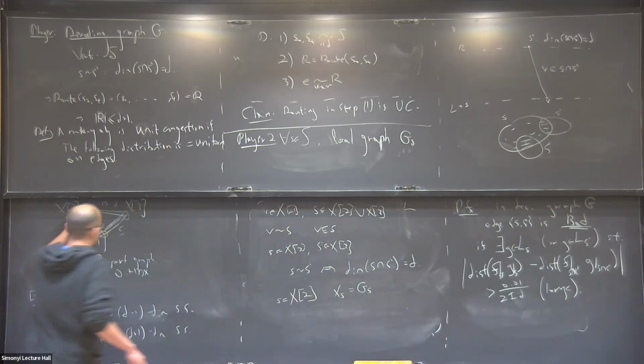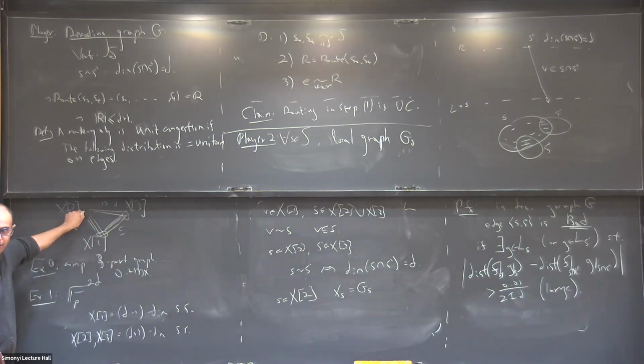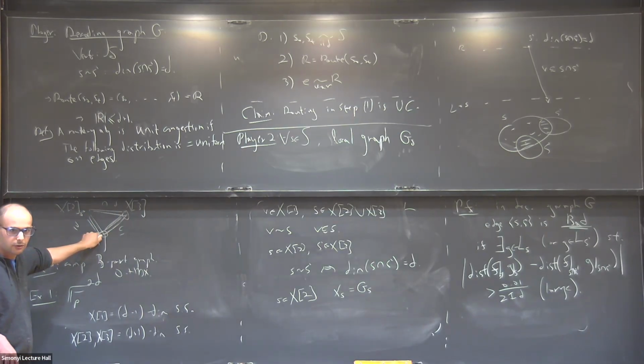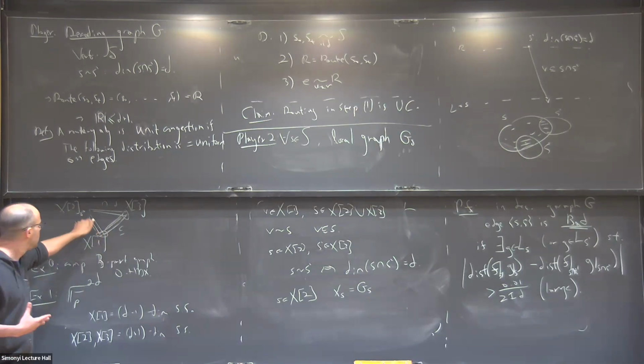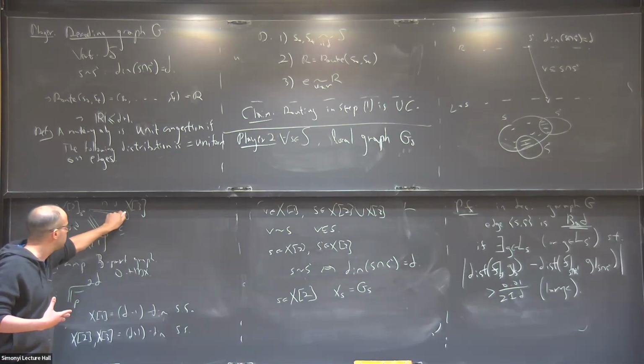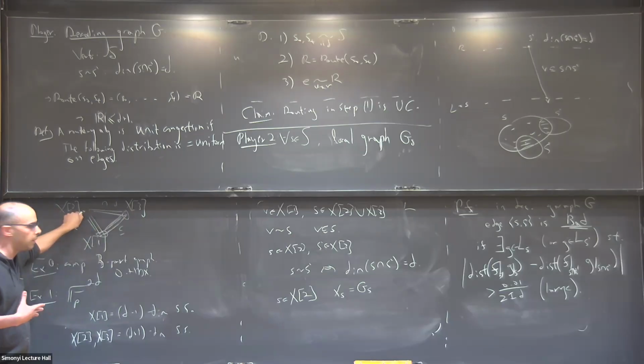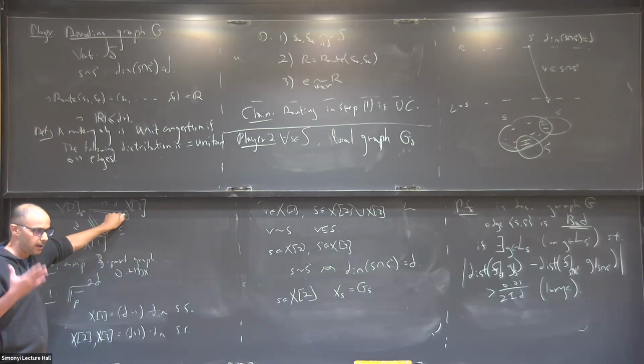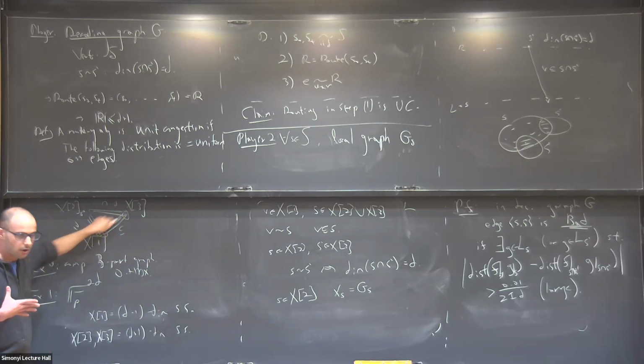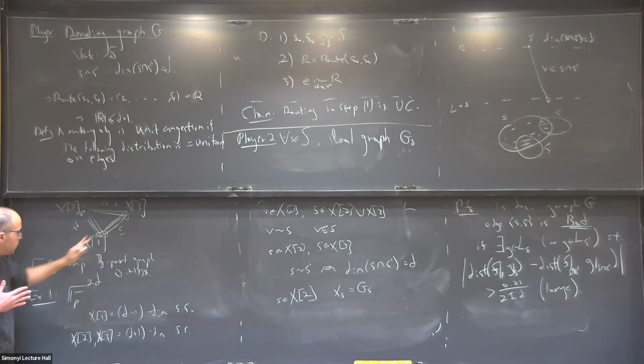If I look at S's here, the vertices in here that will be connected are exactly the vertices inside S. The vertices in x3 that will be connected to S prime are all the S primes that intersect S on a d-dimensional subspace. And the relation over here by definition gives me this graph. There is nothing more to do here than just stare at it.